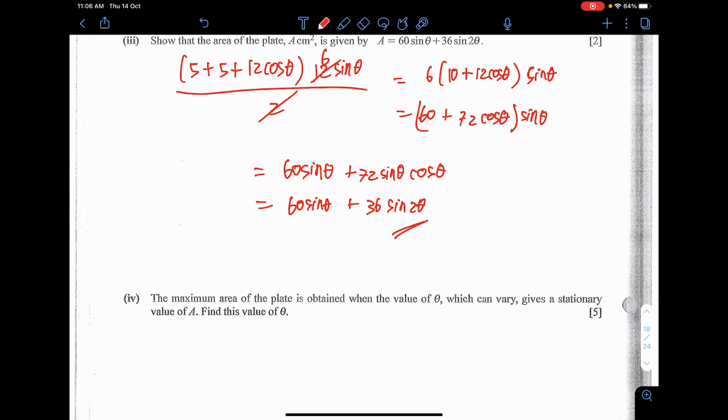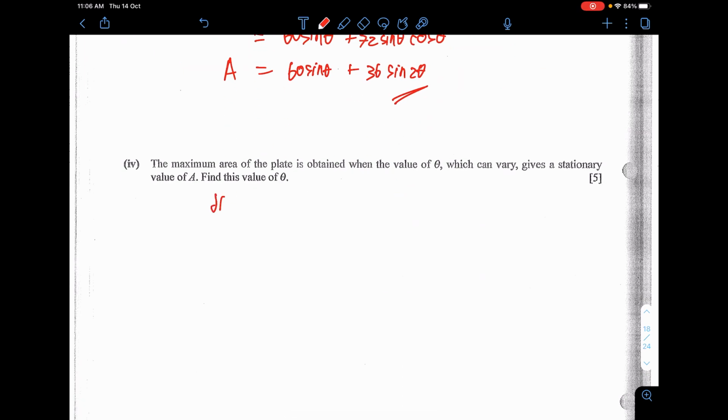The maximum area of the plate is obtained when the value of theta gives you a stationary value. We are looking for the maximum area, maxima and minima. This is differentiation. I differentiate this, I get 60 cosine theta plus 72 cosine 2 theta equals 0. Let's try to make it simpler.